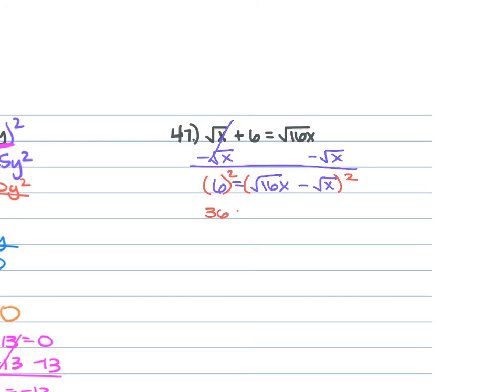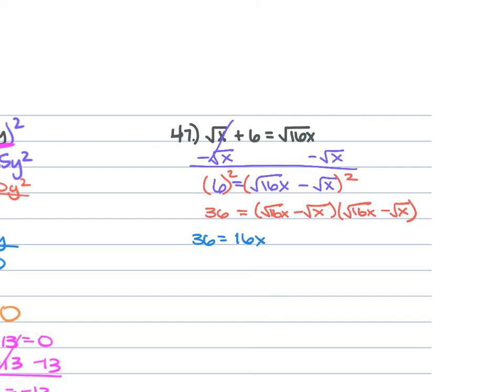So 36 is equal to the square root of 16x minus the square root of x times the square root of 16x minus the square root of x. So we're going to FOIL this. That 36 is going to stay. The 16x times the 16x underneath the radical just is 16x.